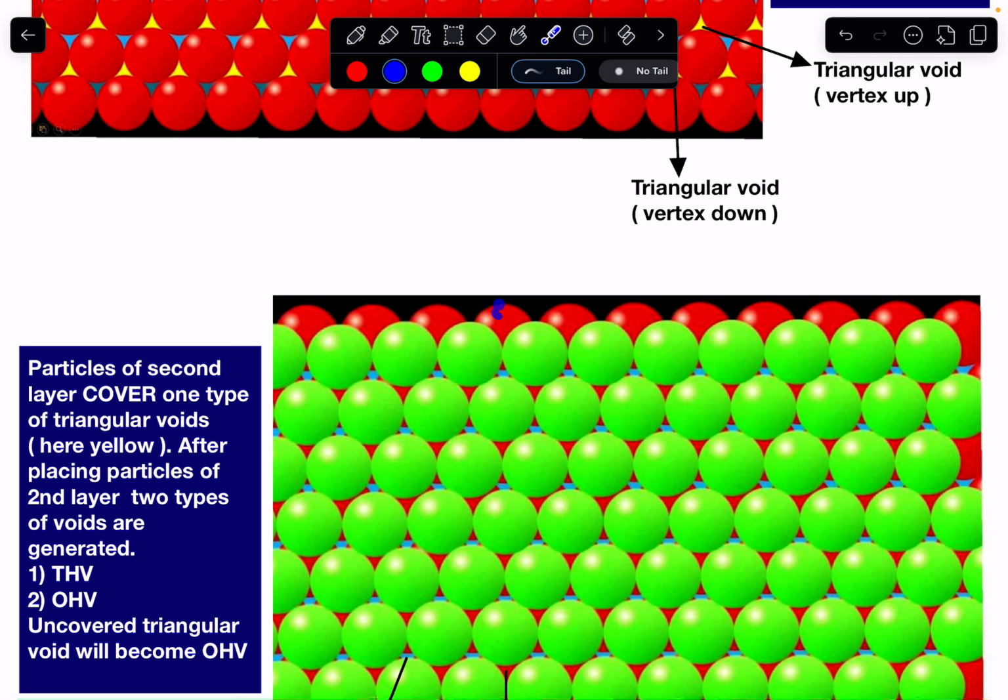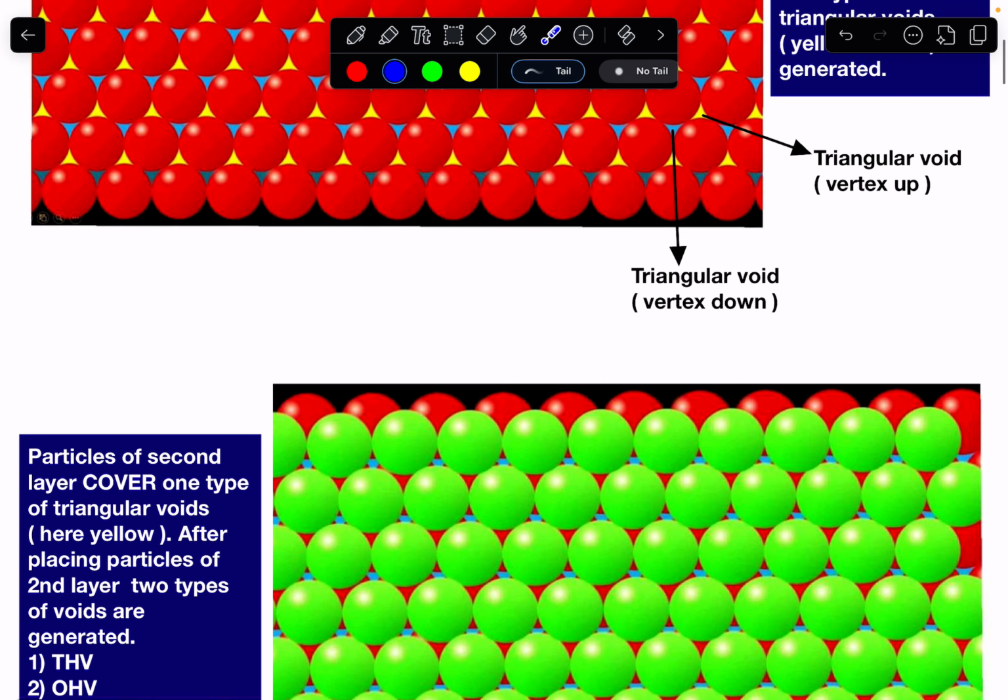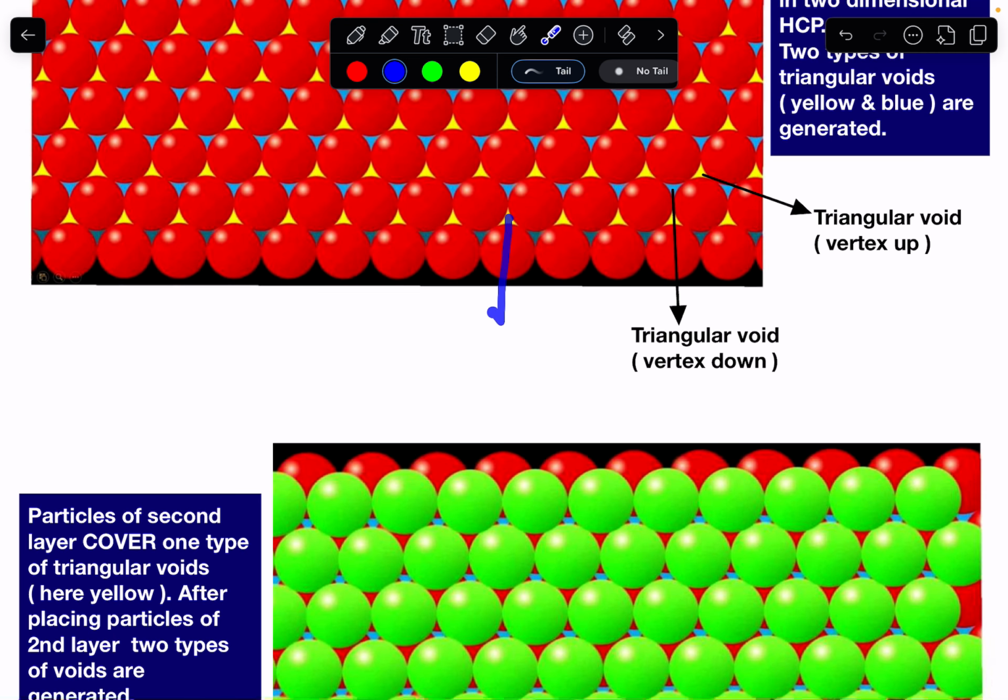Here these are the particles of a first layer, these are the particles of second layer, and if you carefully observe, the particles of second layer cover one type of triangular voids. Here we have two types of triangular voids in first layer. One is shown in yellow color, another one is shown in blue color. So the particles of second layer cover either yellow voids or blue voids.